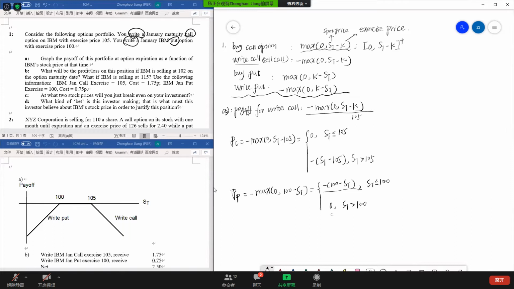Because we are calculating the total payoff of the call and put, we rewrite the payoff of the call option into 3 parts. It's 0 when the stock price is smaller or equal to 100, and 0 when the stock price is between 100 and 105, so we divide this into 2 parts, and this part is unchanged.